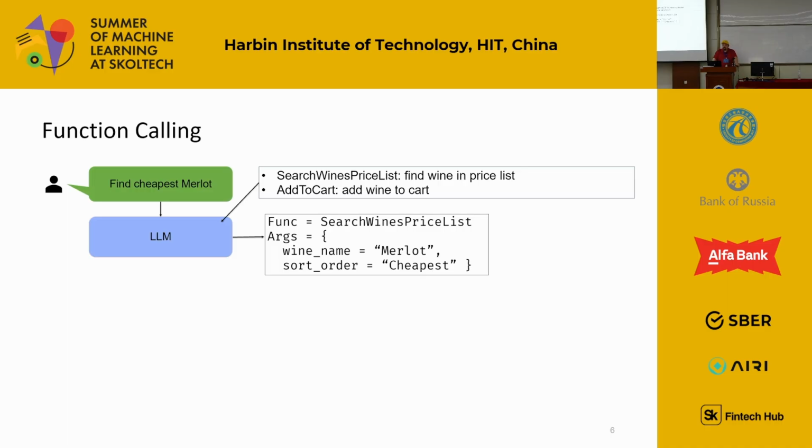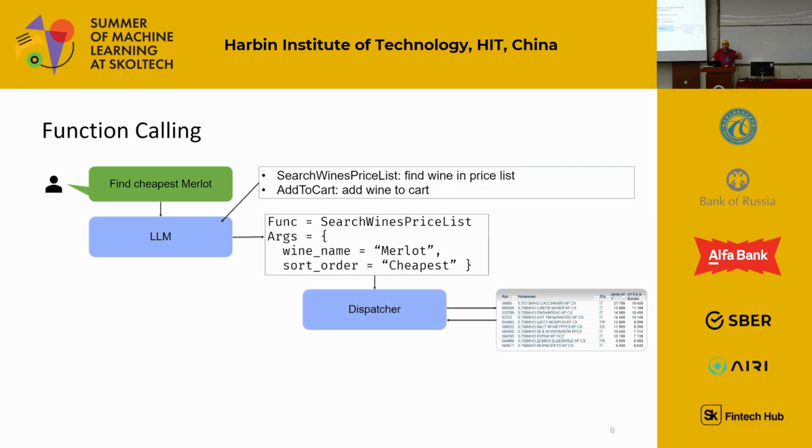And what it does, it says, I want to call the function search wines price list, and the arguments are the following. The arguments are provided in the schema description. So the LLM extracts arguments from the natural text and gives you everything that you need to do the function call. It returns you this information: I need a function call, please do something. Then it's my responsibility to handle this, to write some code to do that.